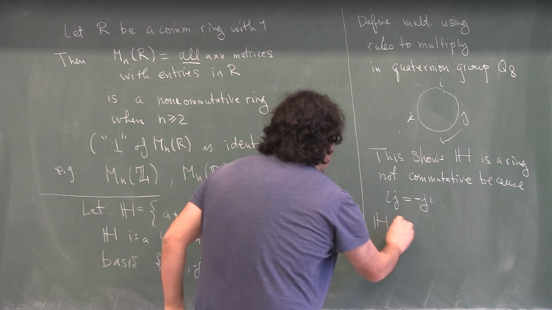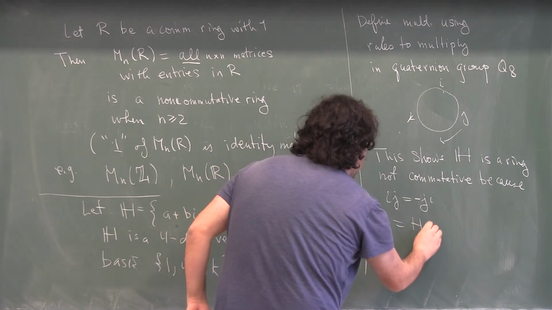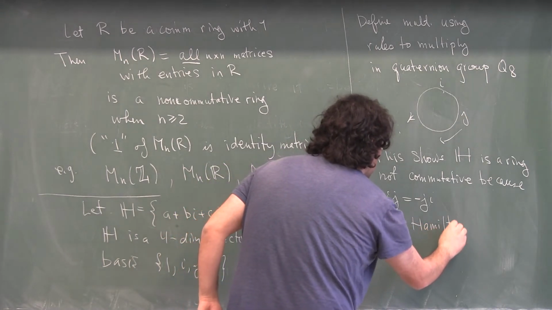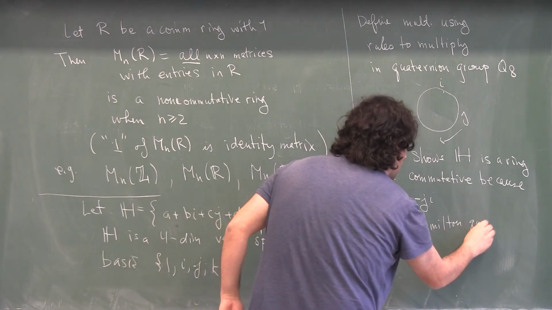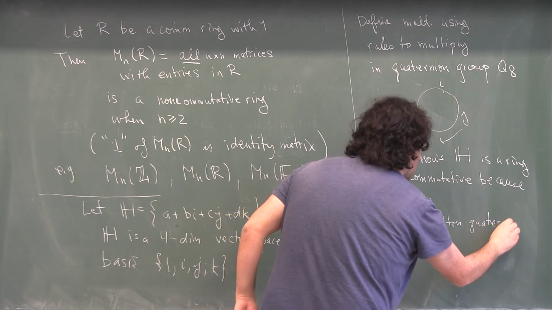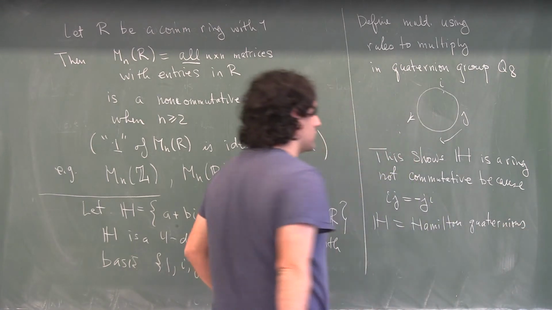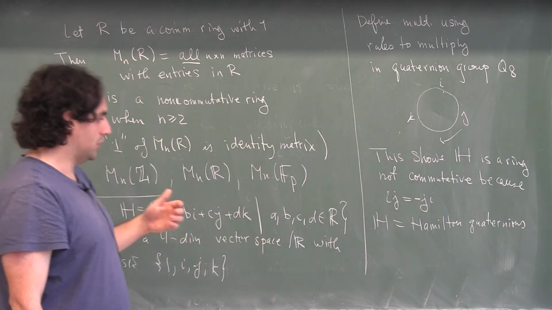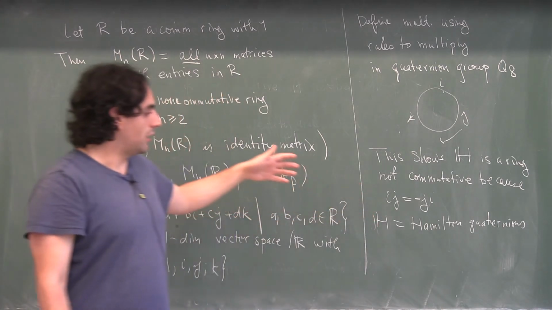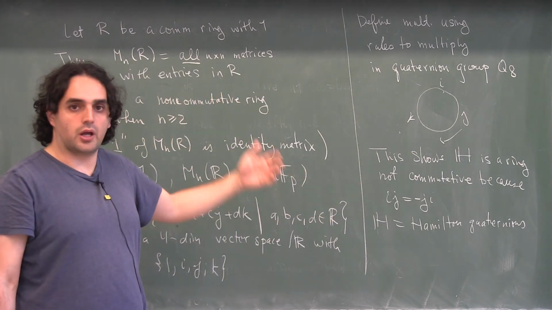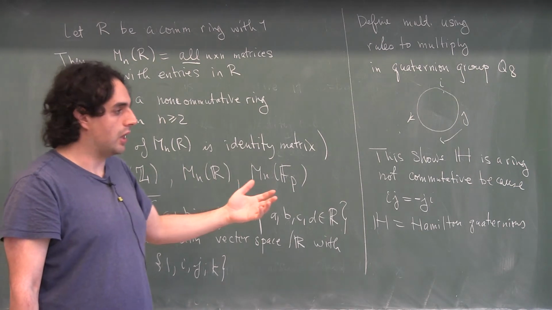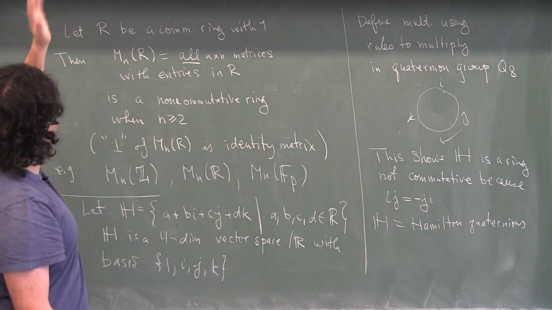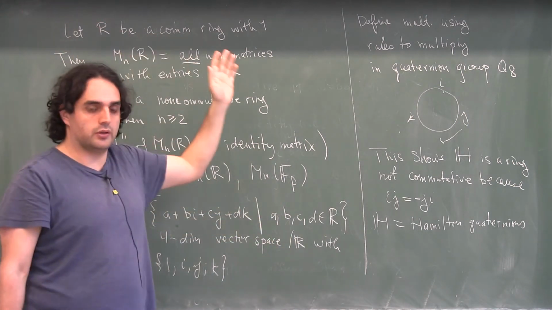This ring is called the Hamilton quaternions. Why is this ring so famous? The reason is that this ring has the special property that what we just said, for example, does not hold in the ring of integers.